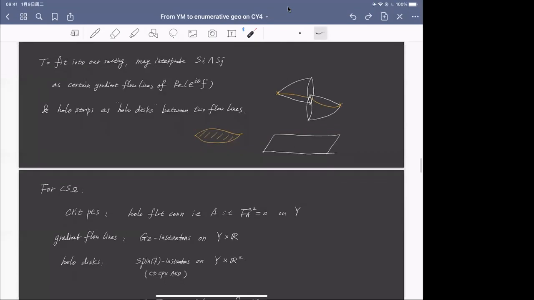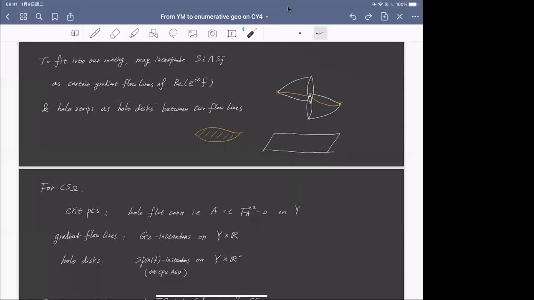If you explicitly write it down, let's say the critical points first, this exactly corresponds to the so-called holomorphic flat connections on Calabi-Yau fourfolds. This means that we consider the curvature of the connection A, then take the (0,2) part of this curvature and require it to be 0. It is called holomorphic flat because this is a holomorphic version of the flat equations on Calabi-Yau fourfolds. Similarly, you can go one dimension higher.